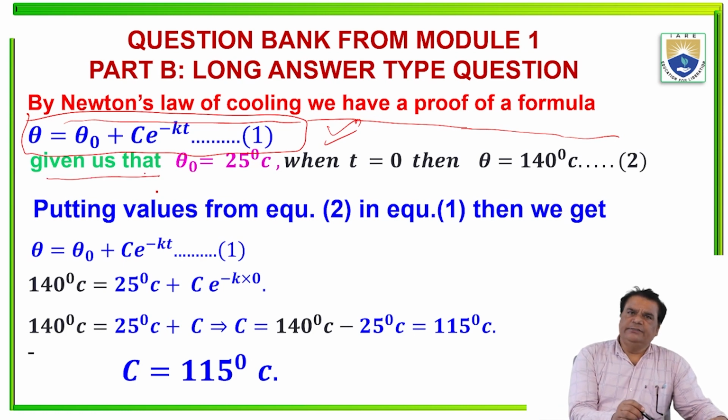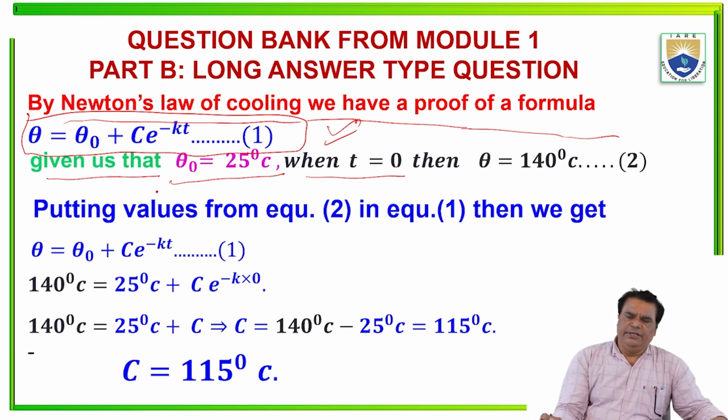What values are given in our problem? Theta naught equals 25 degrees Celsius. When t is 0, the temperature of the body is 140 degrees Celsius. This is equation 2.